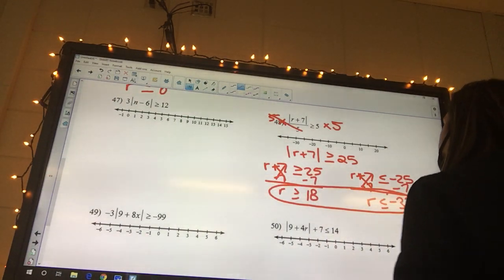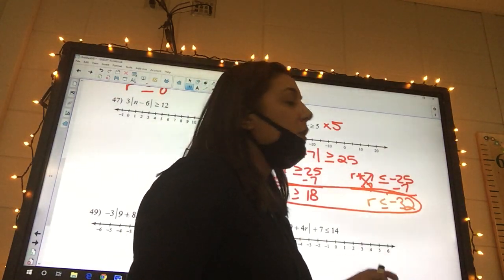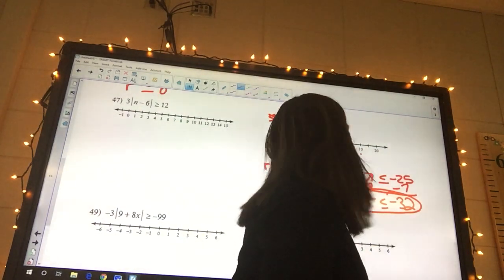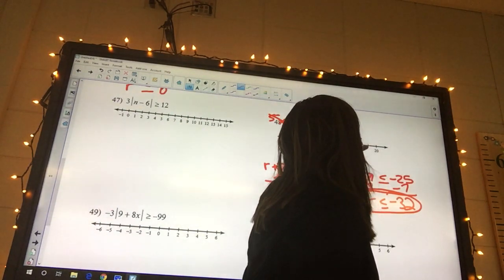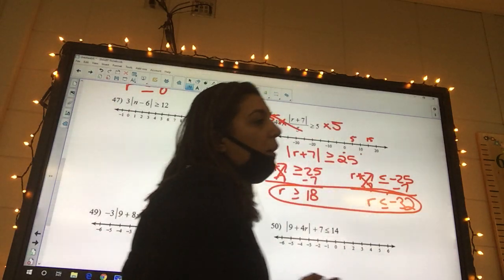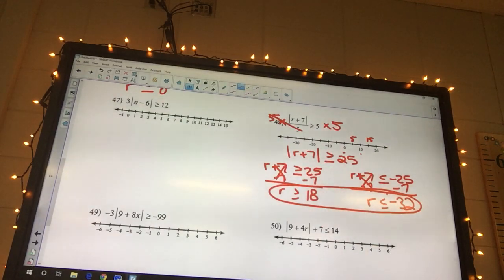Okay, so at 18, if you look at the graph, there are some serious gaps. It goes from 0 to 10, so what's that middle one gotta be? This one's gotta be 5, 10, 15. So 18 is somewhere between 15 and 20. I would rather you draw me a bigger circle and me be able to see it than you draw me a little baby circle and I can't see if it's open or closed.